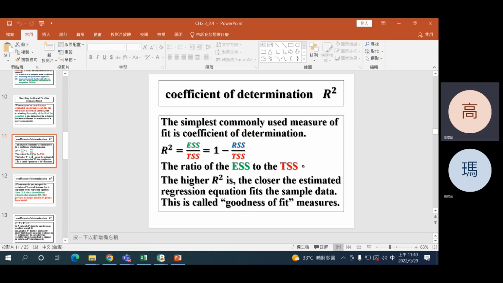This is the coefficient of determination. The ratio of the ESS to TSS is called R squared. The higher the R squared, the closer the estimated regression equation fits the sample data. This is called a goodness of fit measure.